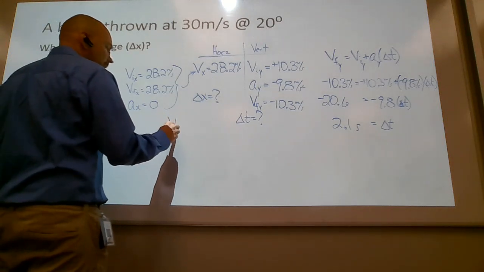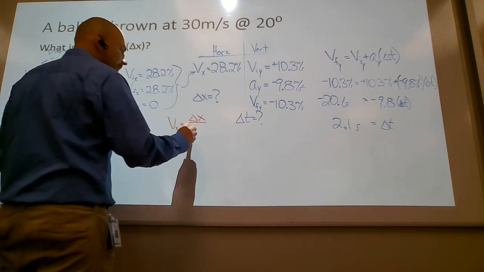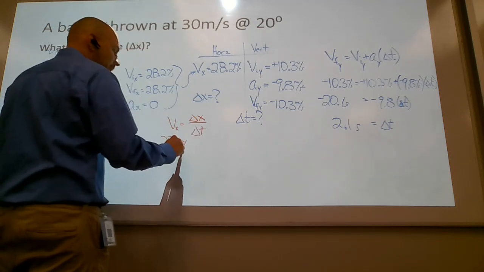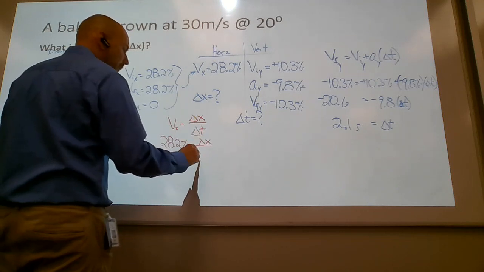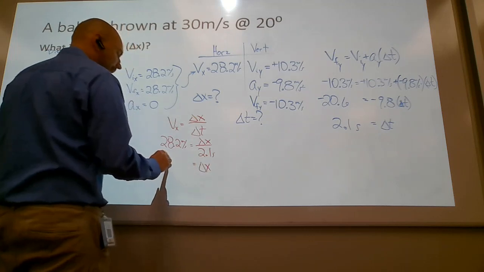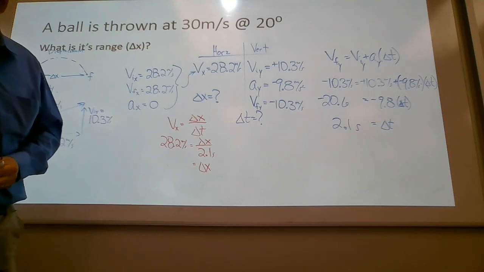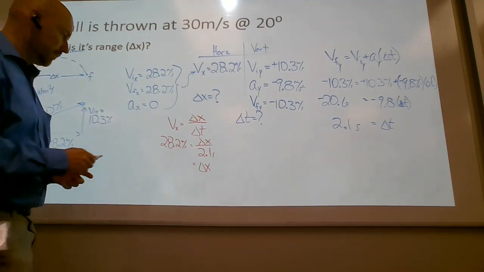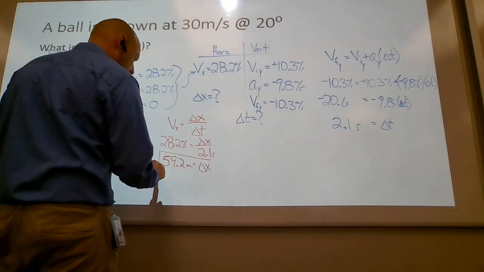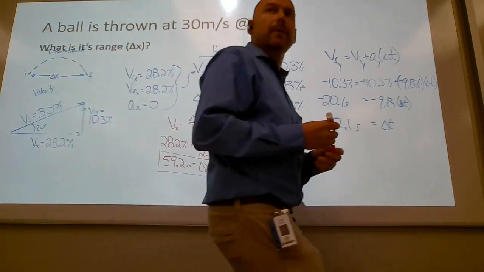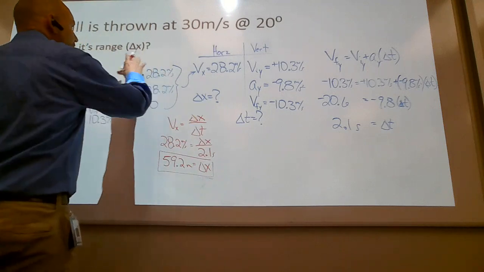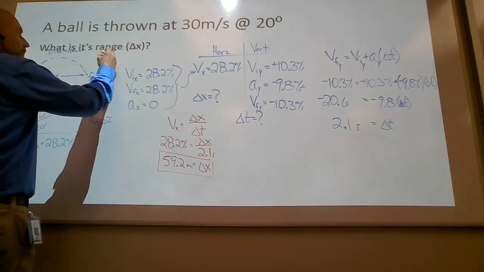My recommendation would be to recognize you're moving at a constant velocity, 28.2 meters per second is equal to displacement over 2.1 seconds. And you'd find that to be like 59.2 meters. Okay. You could have also used, with all this information, this equation.